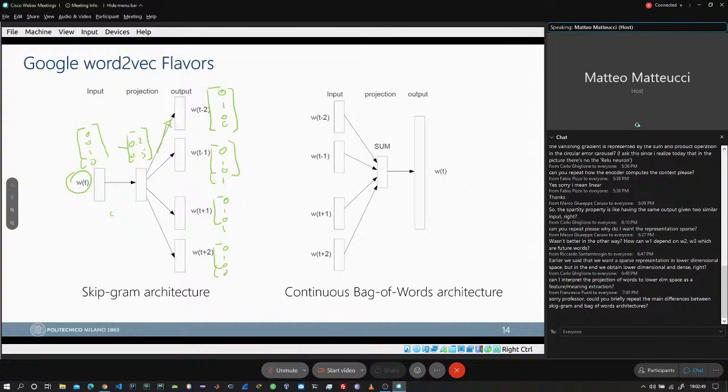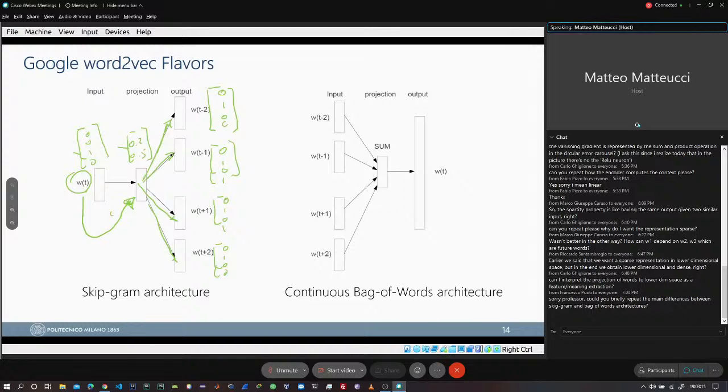What does it mean? It means that you encode this word into a representation which itself represents all these surroundings. So basically, this word is represented by a sort of average of the surrounding.